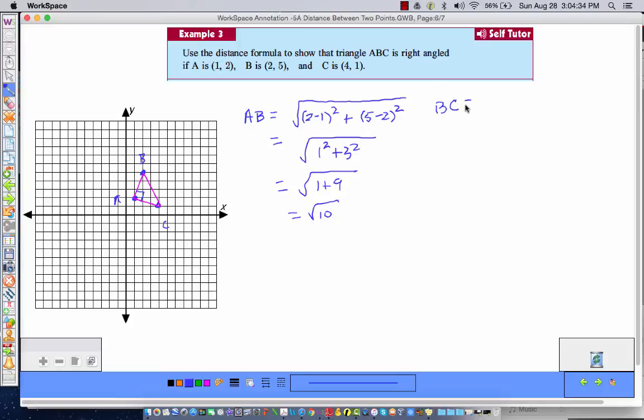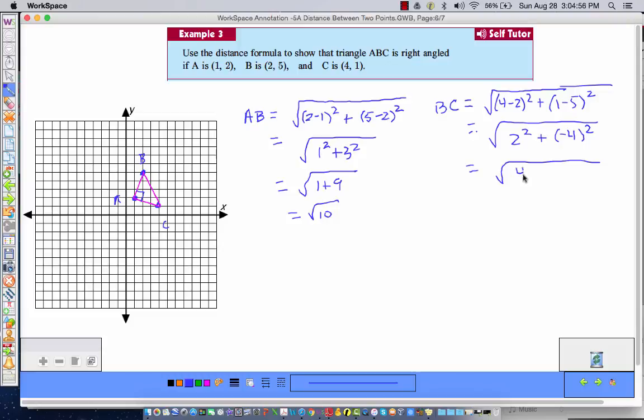BC, that's the hypotenuse, is going to be equal to the square root of 4 minus 2 squared plus 1 minus 5 squared, which is equal to the square root of 2 squared plus negative 4 squared, which is equal to the square root of 4 plus 16, which is equal to the square root of 20.